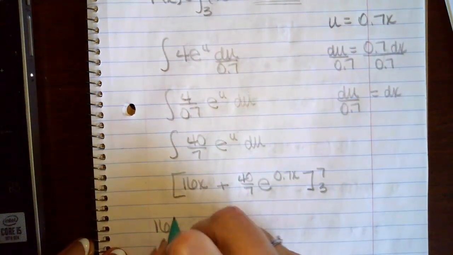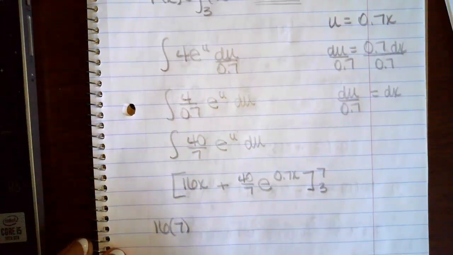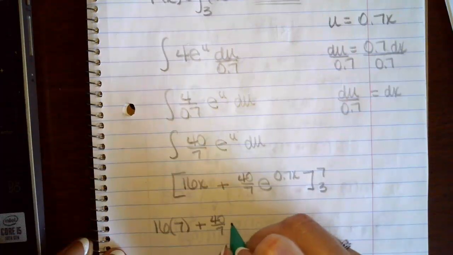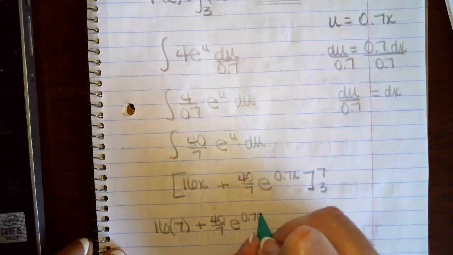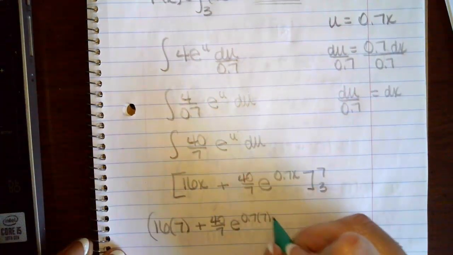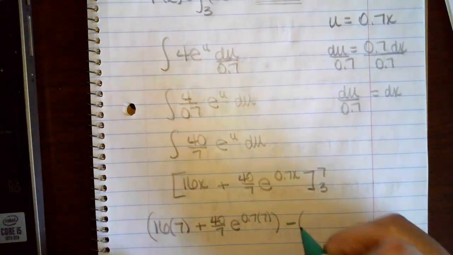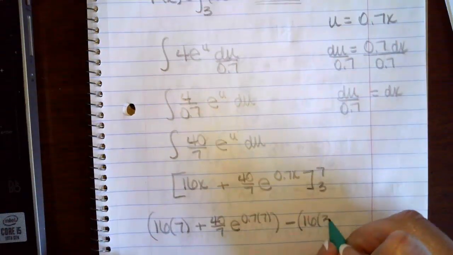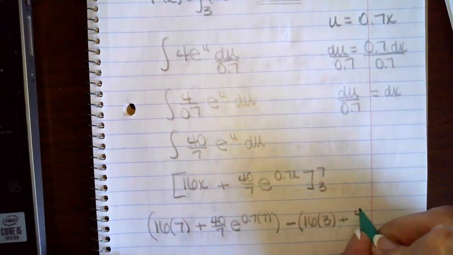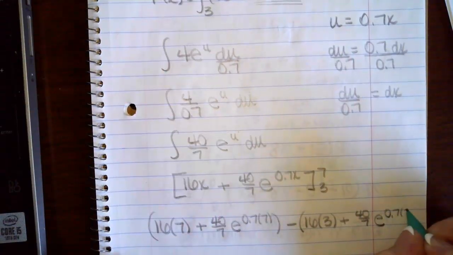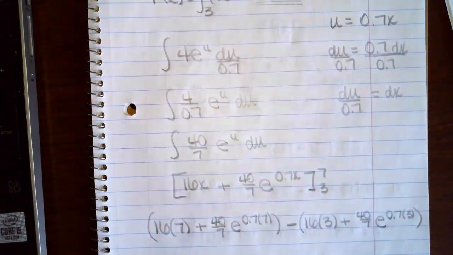So I've got 16 times 7 plus 40/7 e to the 0.7 times 7 minus, sub in 3's, so I've got 16 times 3 plus 40/7 e to the 0.7 times 3.